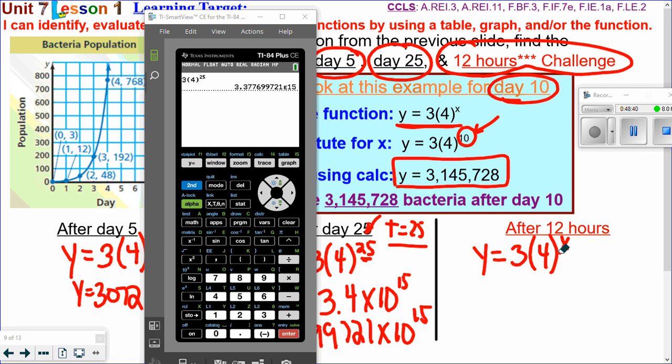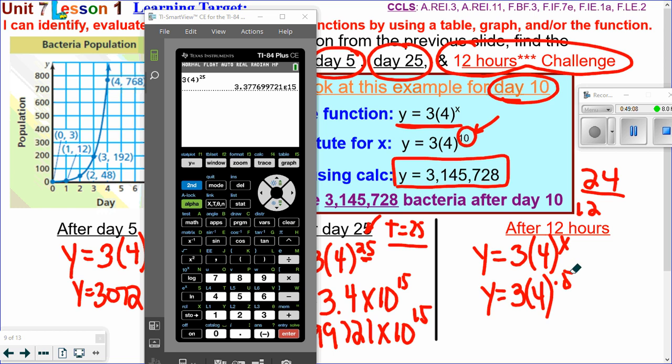How many hours in a day? Sometimes it feels longer, like today, and like this lesson. This is 24 hours in a day, right? So 12 hours is a half a day. So you're not putting 12 in for x, you're putting 0.5, because it's a half a day.